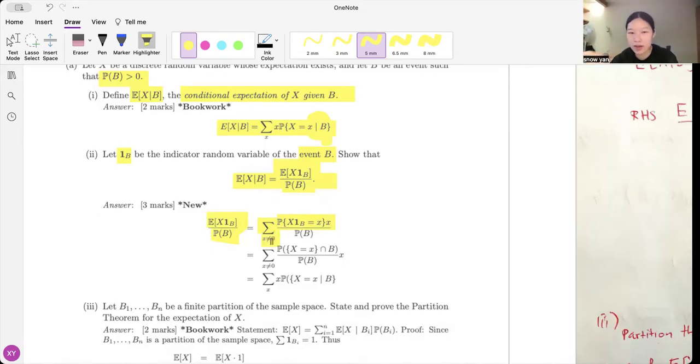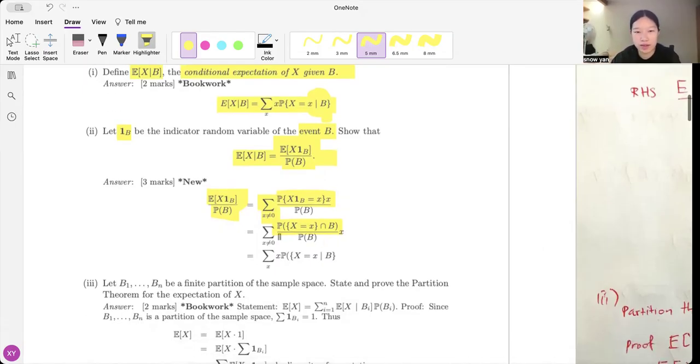Why is that the case? So that in the next part, when we rewrite this as P(X = x and B), we save the trouble of having the ambiguous case of when it's 0, because 0 wouldn't even contribute to this sum, since when you add 0 to a sum, it doesn't make a difference. And over here, when it's 0, it's hard to tell, but here we know that if X is equal to x and B, then it's definitely the case, right?